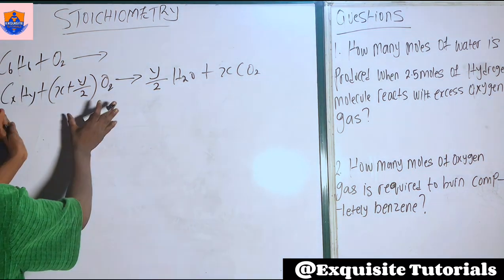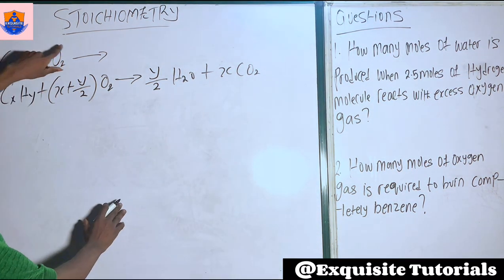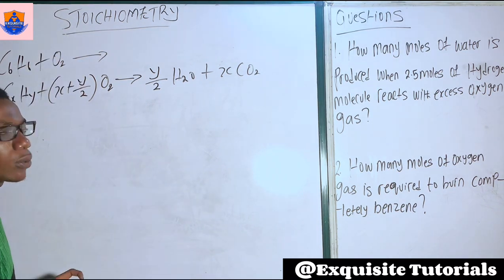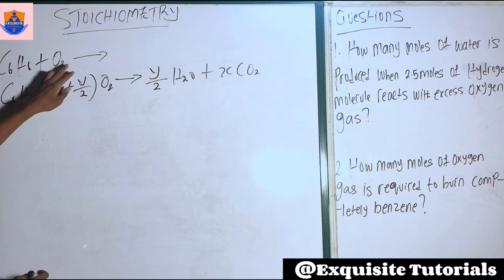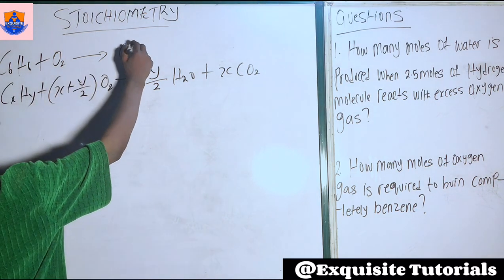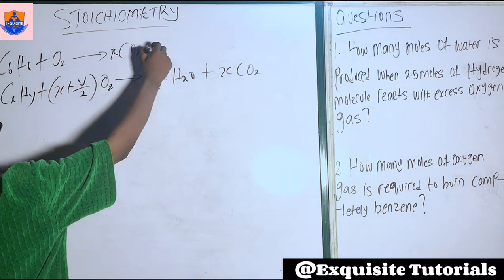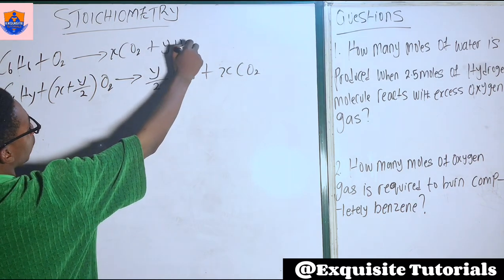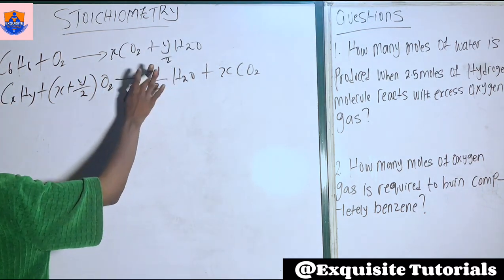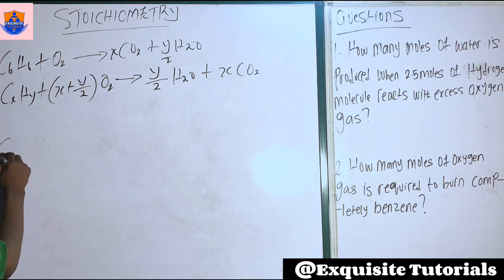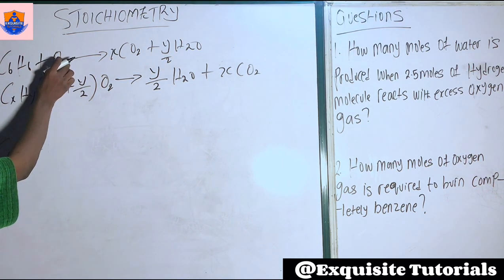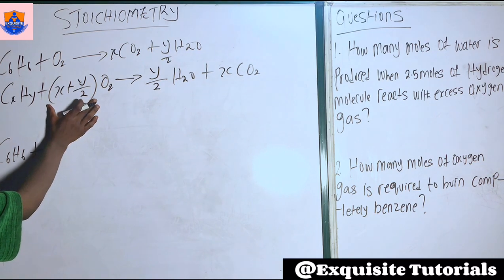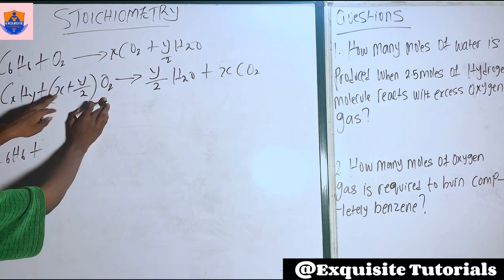Now let's use this formula to balance this. You understand it so clear and plain. So we have C6H6. Now let's balance it to get CO2. So we have C6H6 plus, for this oxygen, this is the formula, and this formula contains the x and the y.